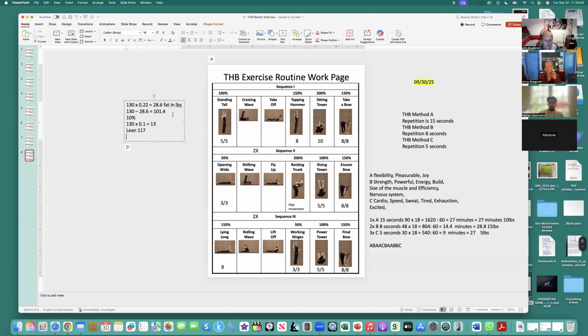So the fat to lose is 28.6 minus 13 equals 15.6.